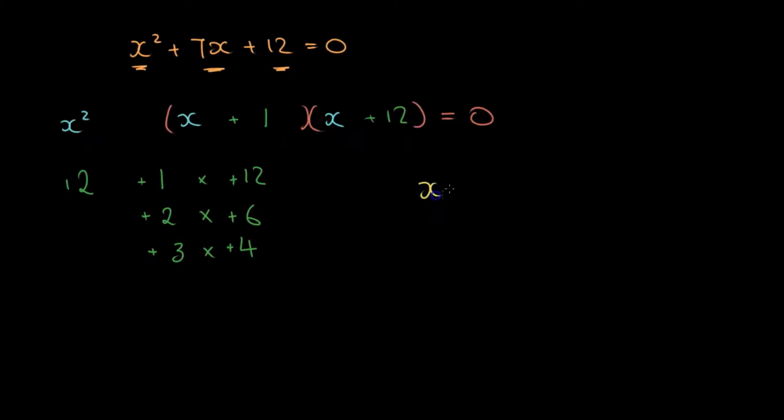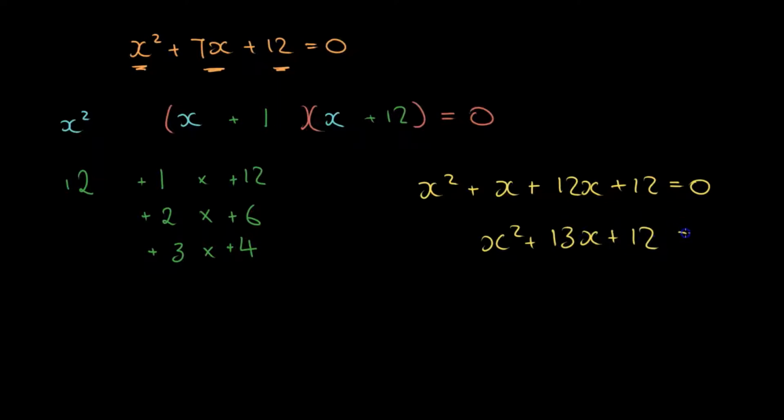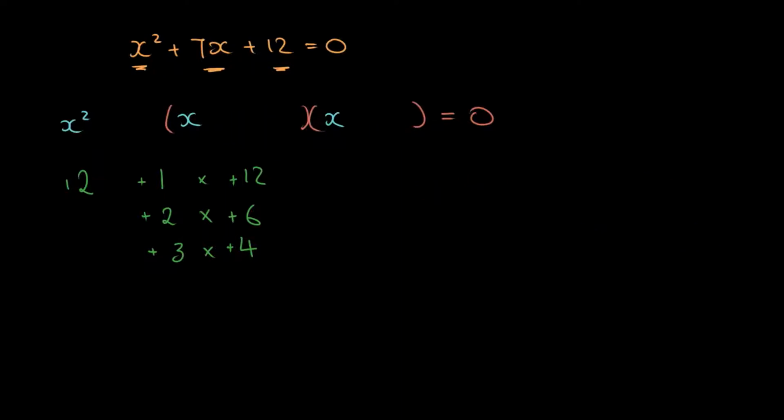So we'd have x squared plus x plus 12x plus 12 equals 0. And that is x squared plus 13x plus 12. So we've not got here our 7x that we wanted, so it's not going to be this pair of numbers.